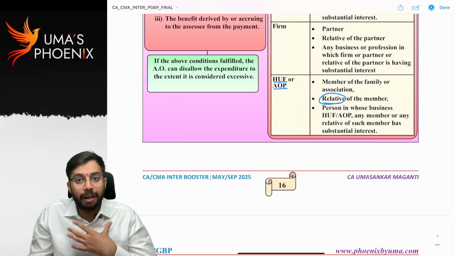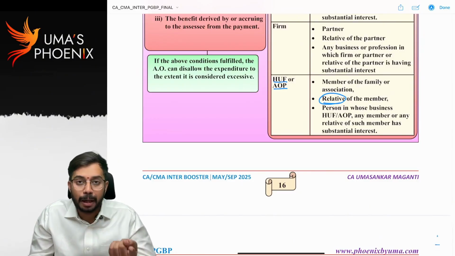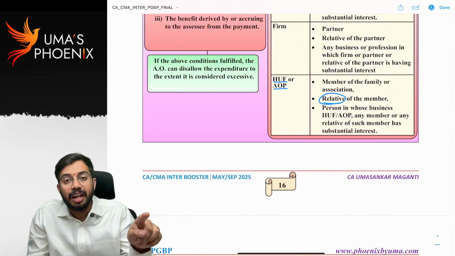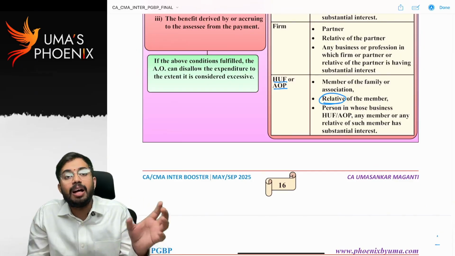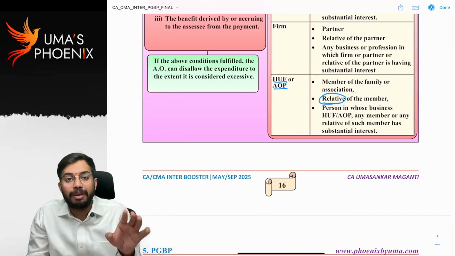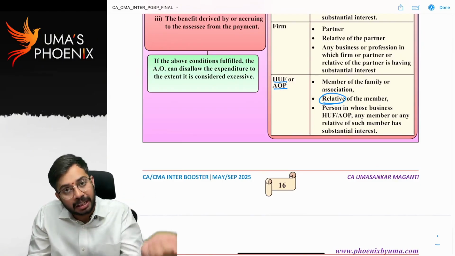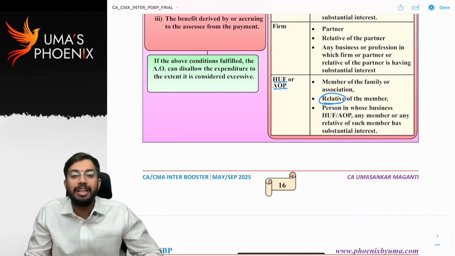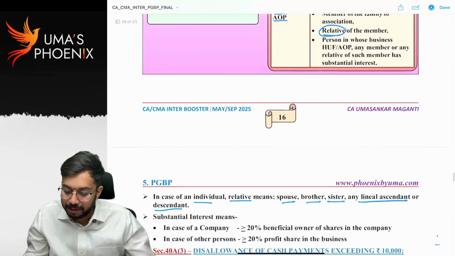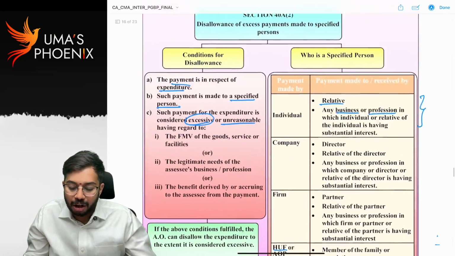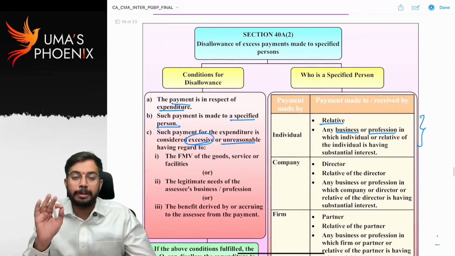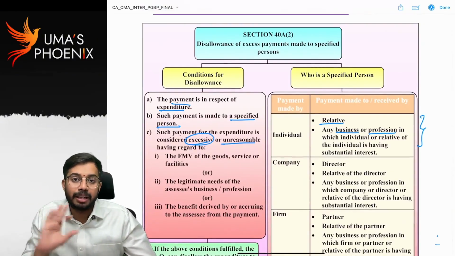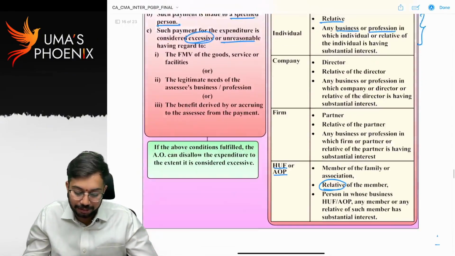If they are making excess payment to another business in which the member or relative of the member is having substantial interest, then the excess payment made to such business is also not allowed as deduction. So this is all about 40A(2): excess payment made to a specified person is not allowed as deduction.